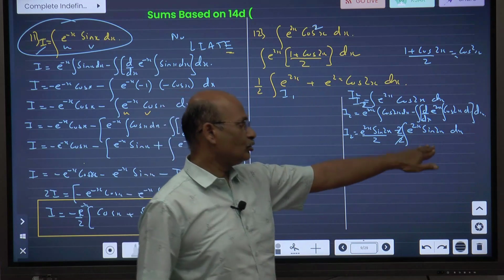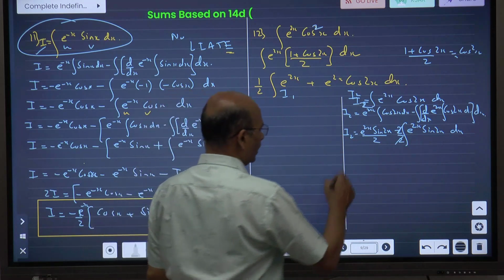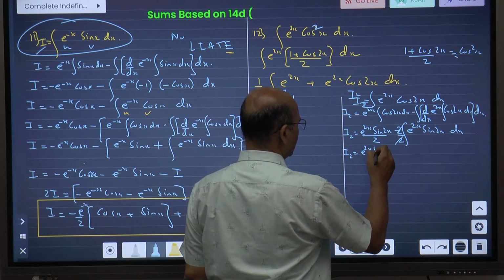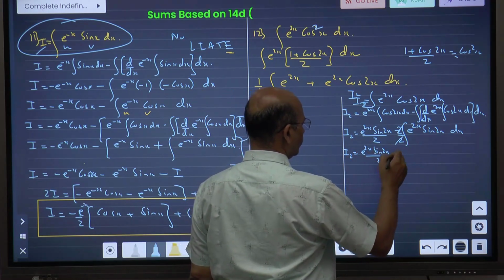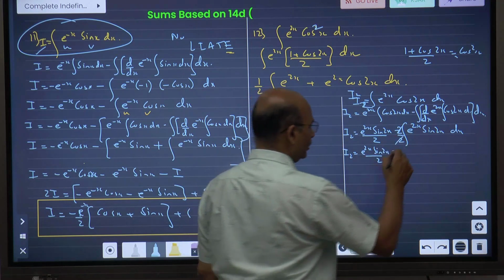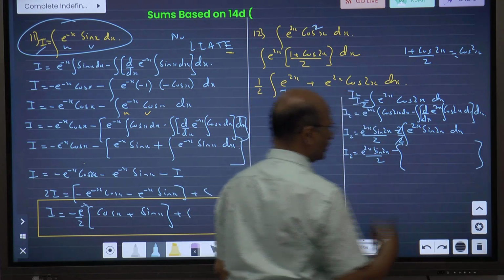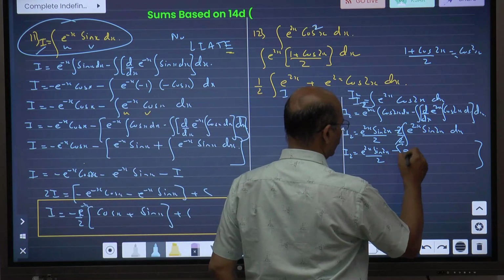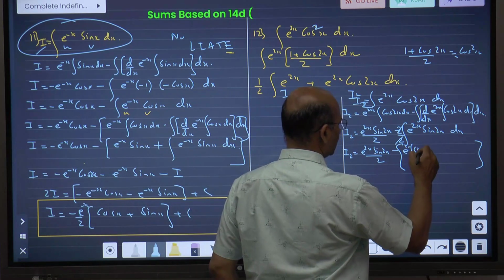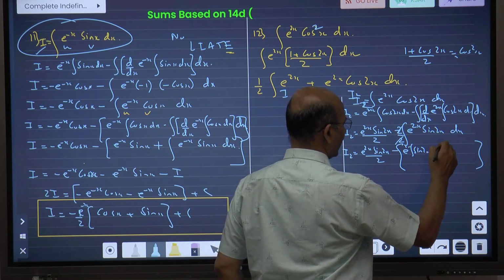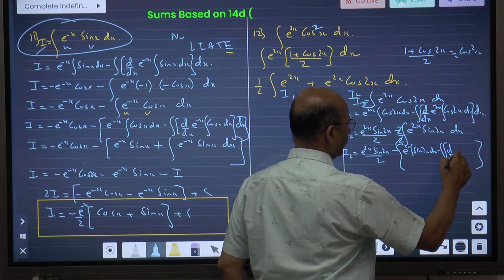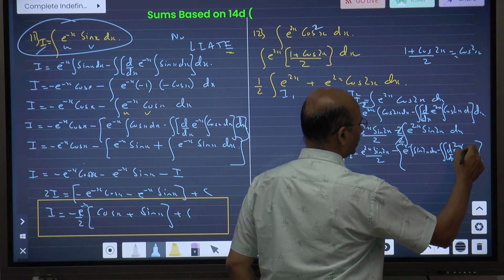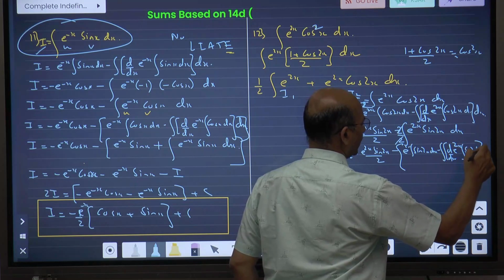So again e raised to 2x, and again I have to apply uv. Be careful now: sine 2x upon 2, minus. There is a minus sign here, so when I put a box here, it becomes easy for me to handle. This will become u times integral sine 2x dx minus the bracket: derivative of e raised to 2x times integral sine 2x dx, close, dx.